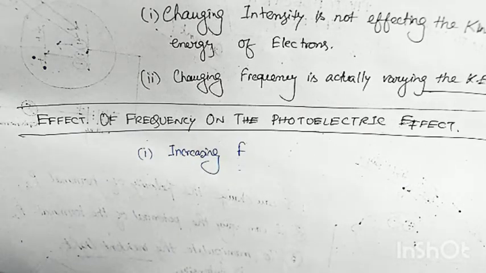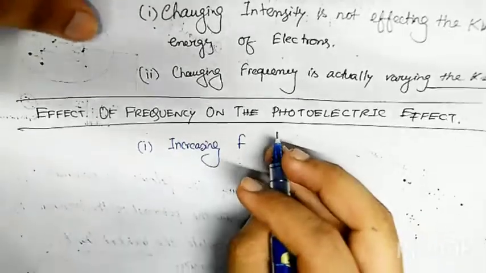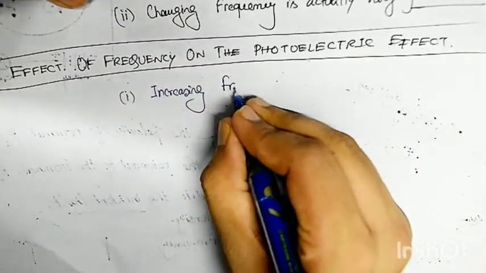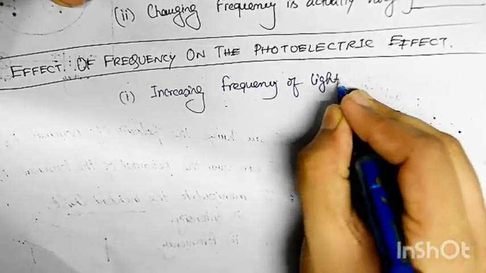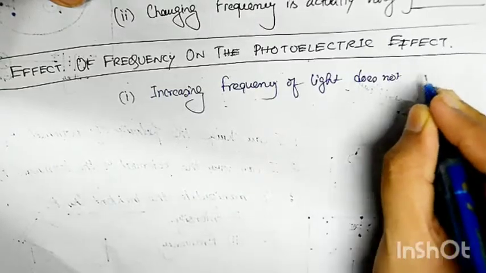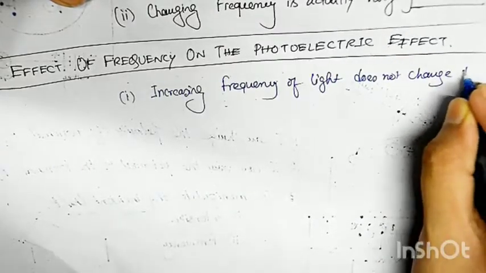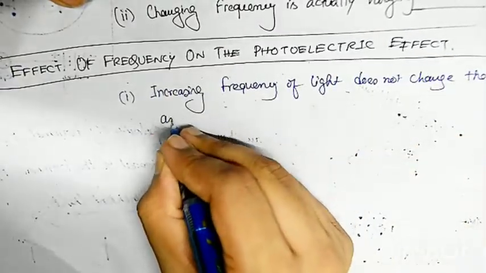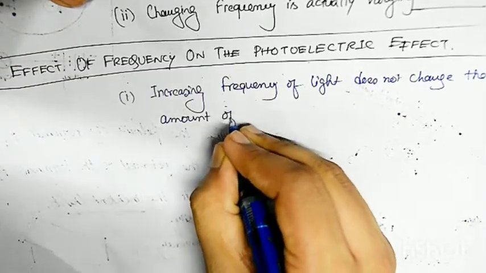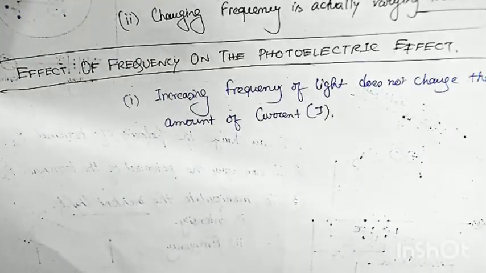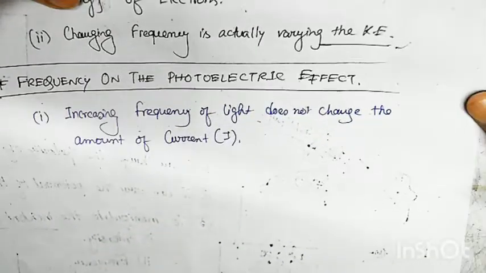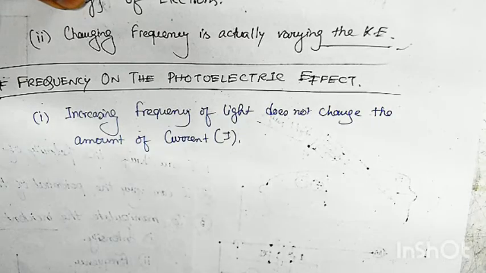They found out that increasing the frequency of light does not change the amount of current flowing. Meaning, before increasing the frequency, if the current flow was 5 ampere, after increasing the frequency the current flow will remain 5 ampere. There is no change.